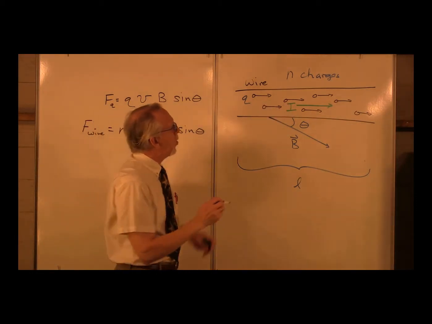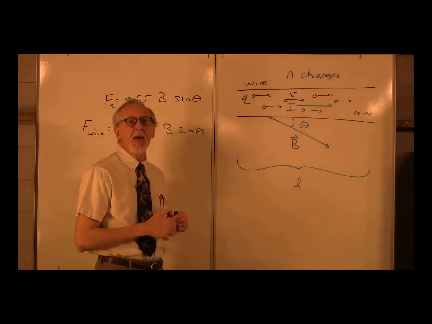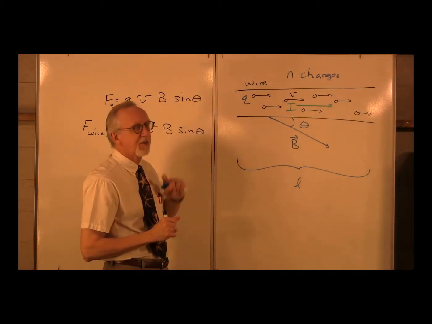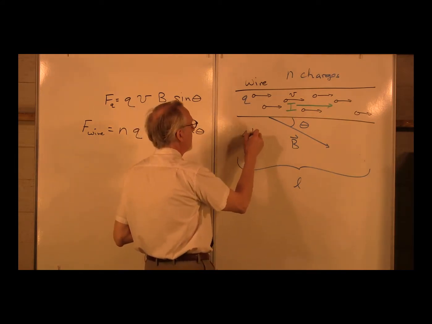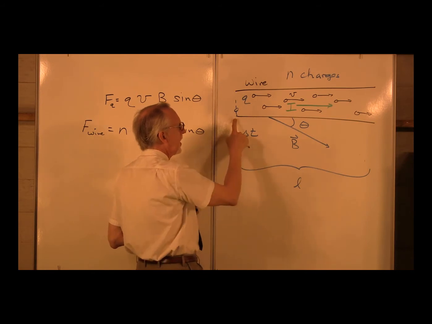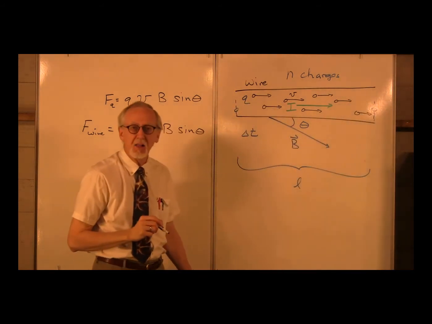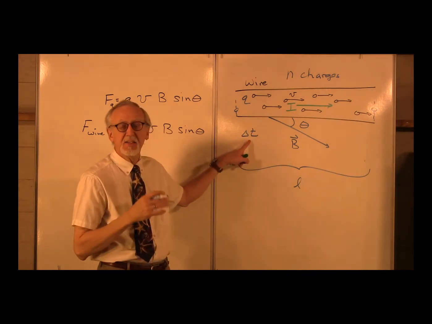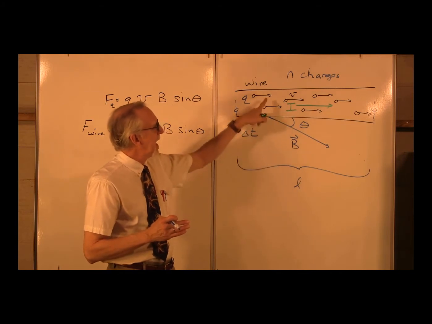Now let's think about what V is. We're assuming this is a velocity V. Let's imagine that it takes some amount of time, delta t, for a charge to go from one end of the wire all the way to the other end of the wire, a distance L away. Delta t is the time it takes for the charge to move a distance L at a speed v.